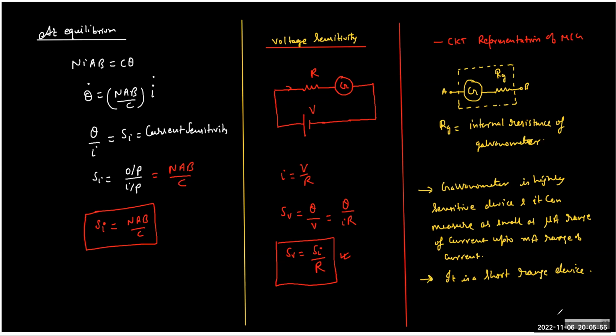So how to make it practical? Every galvanometer will allow a certain amount of current, and beyond that it will get damaged, or it will simply burn out. So there is a limit up to which the current can be measured with the device without getting damaged.